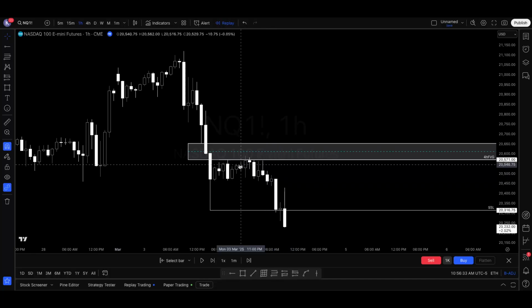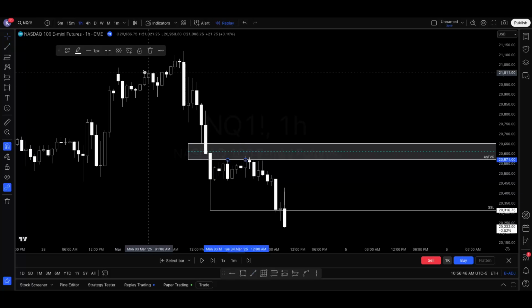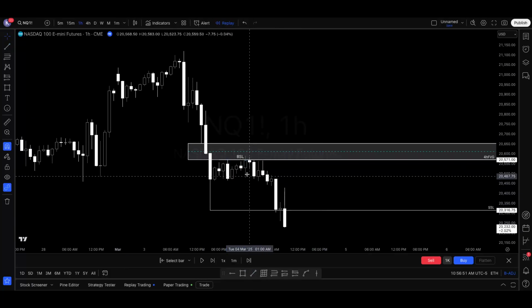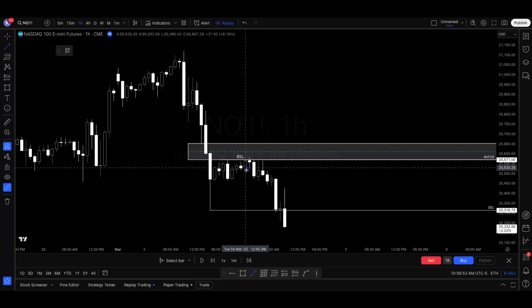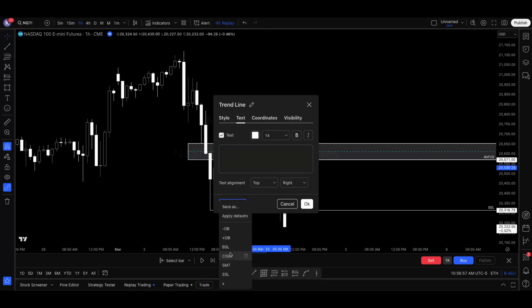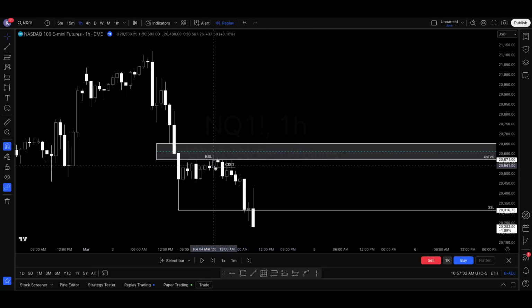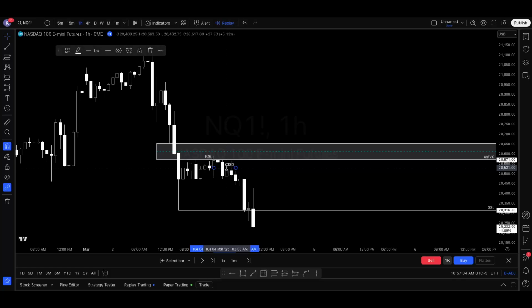The first thing I see here is an internal model on a 1 hour chart for this area to reject, where we have a sweep of buy side liquidity inside the 1 hour chart, and then displacement lower below this low right here, which is a change in the state of delivery. And then we have a retest of this change in the state of delivery right here.